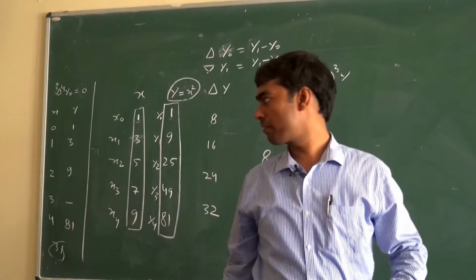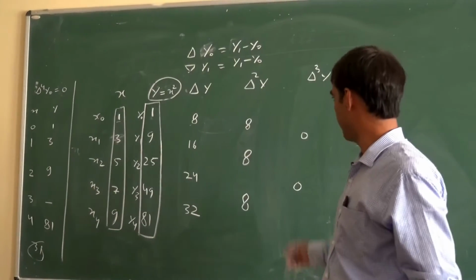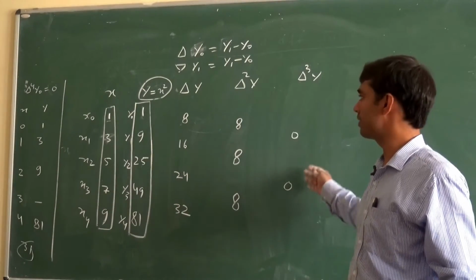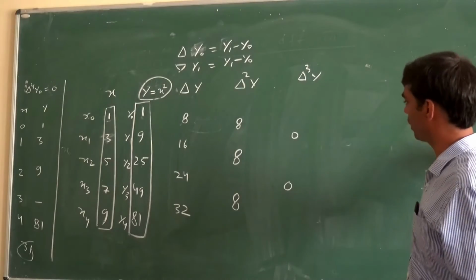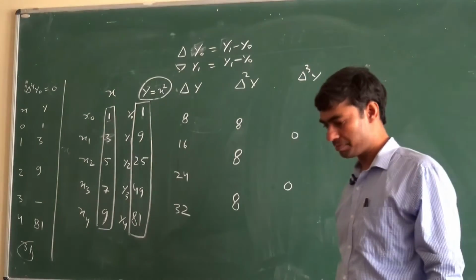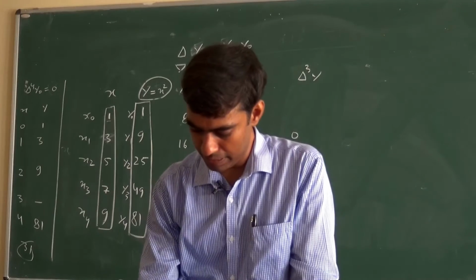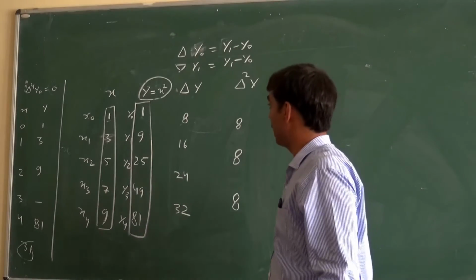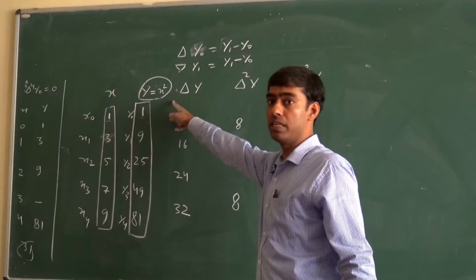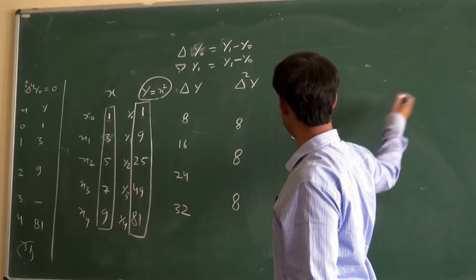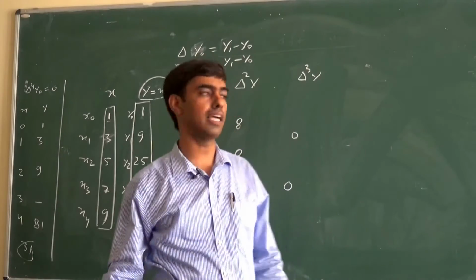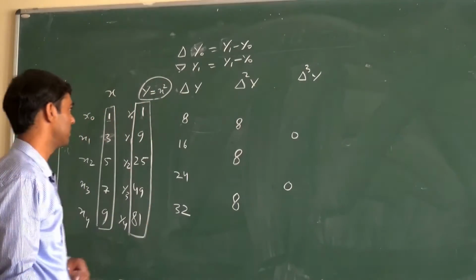If this one is a polynomial of degree 3, then what will happen? The third difference becomes constant and fourth onward differences become 0. And if this has an nth degree polynomial, then the nth difference becomes constant and the n plus 1 difference and so on become 0.